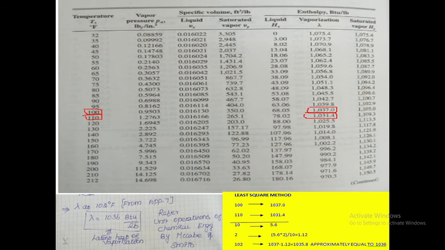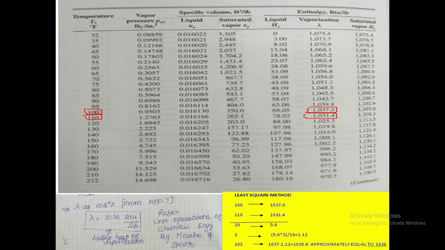So what do you do here? First you take the 100 degrees Fahrenheit lambda value, that is 1037. You refer to the table. Then at 110 degrees Fahrenheit, the lambda value is 1031.4. So from that, what is the difference between these two temperatures? 110 and 100, that is 10 degrees Fahrenheit. Are you clear or not?